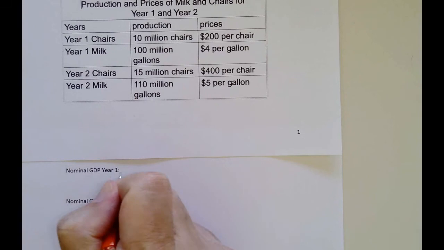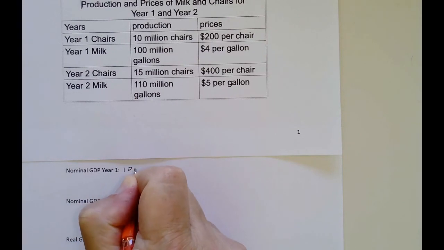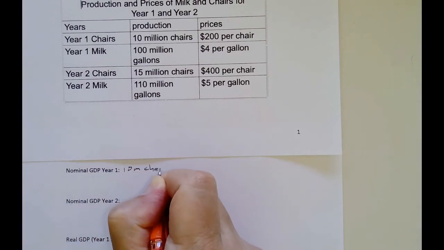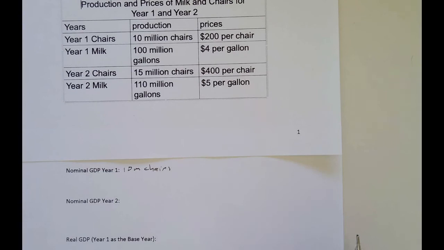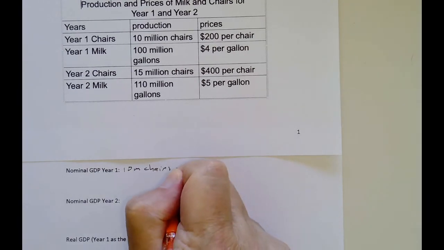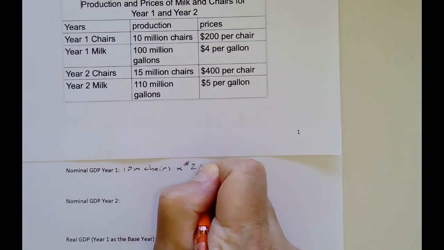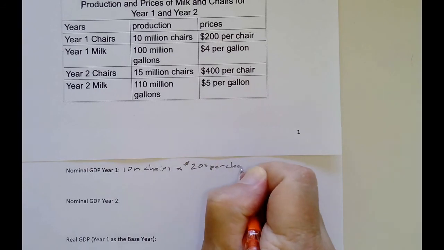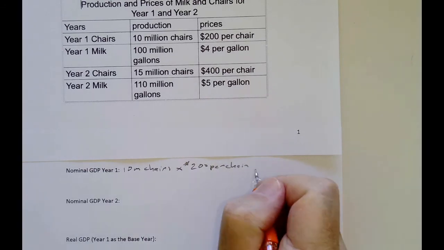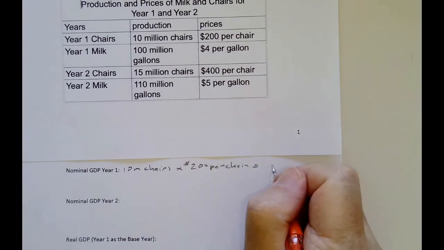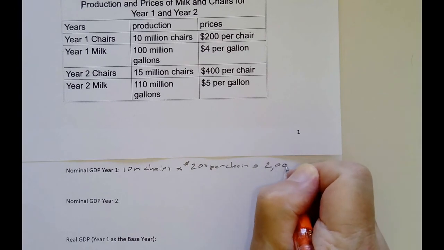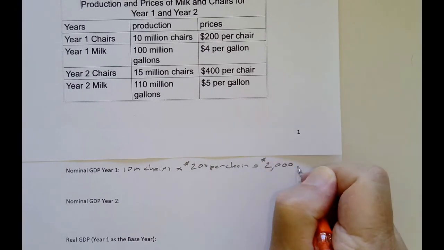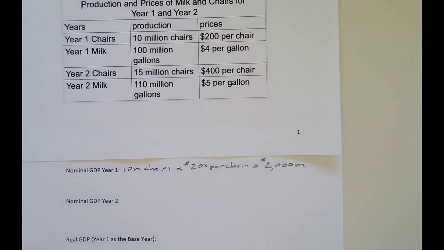You would take the 10 million chairs in year 1, and then you would multiply it by the price of each chair, which is $200 per chair. And so that would be $2,000 million. Just leave the units as millions, we don't need all the zeros.